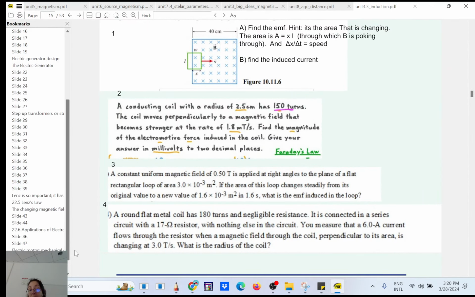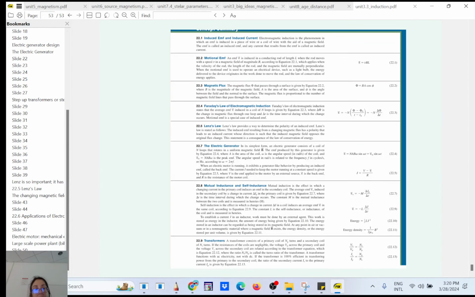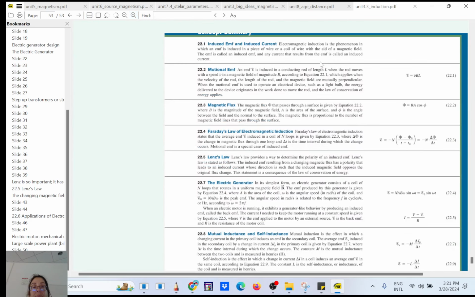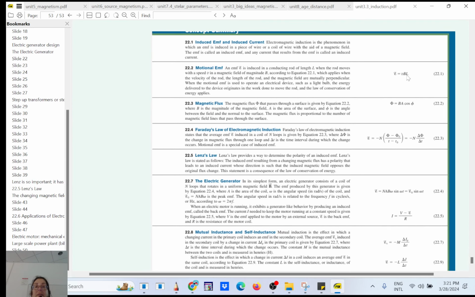Let's see at the end if you have the equation here. It's called motional EMF. So the EMF will be equal to, can we make it larger? You have the equation here.